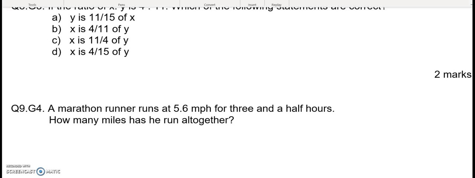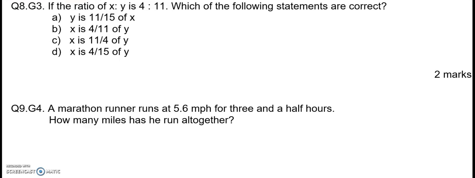So we can rewrite it. 4:11 means apples to pears. So if I have 4 apples, I would have 11 pears. If I have 8 apples, that would be 22 pears.